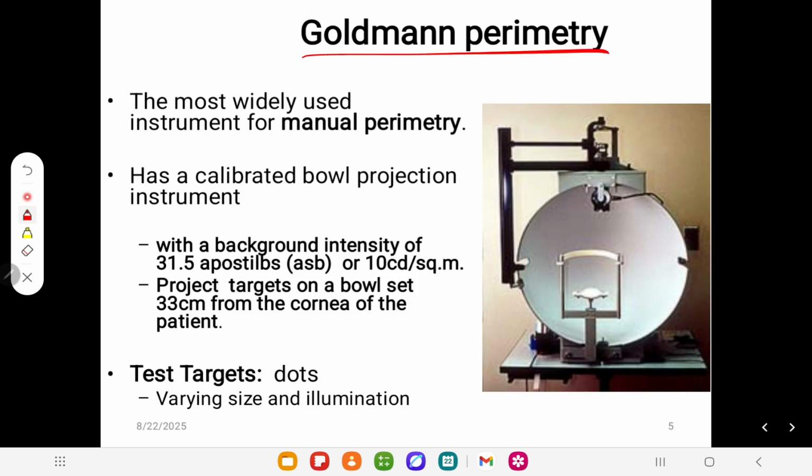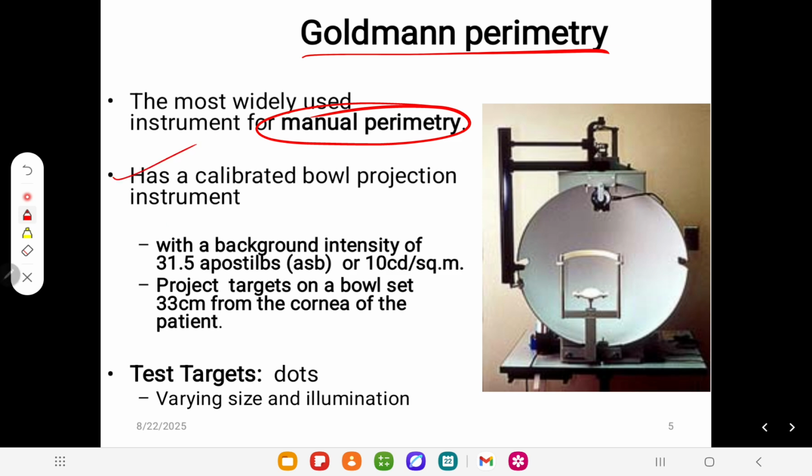So let's come to Goldmann perimetry. What is Goldmann perimetry? Basically, it's the most widely used instrument in manual perimetry, but there are very few places, especially in Nepal and India, where manual perimetry like Goldmann perimetry is done. But still, in my institute in Nepal, we always do Goldmann perimetry.